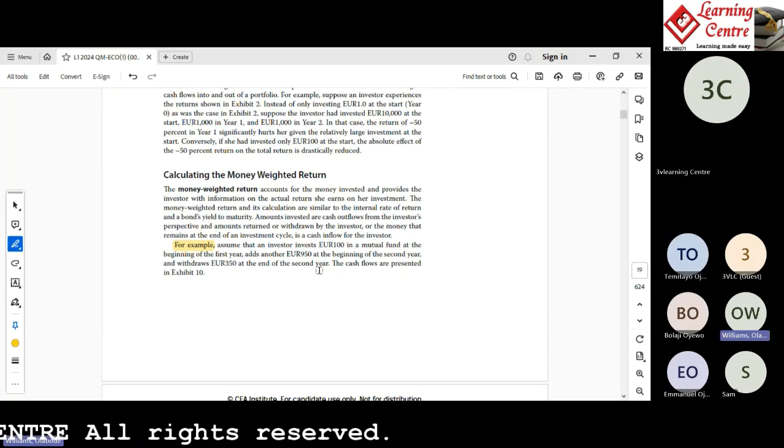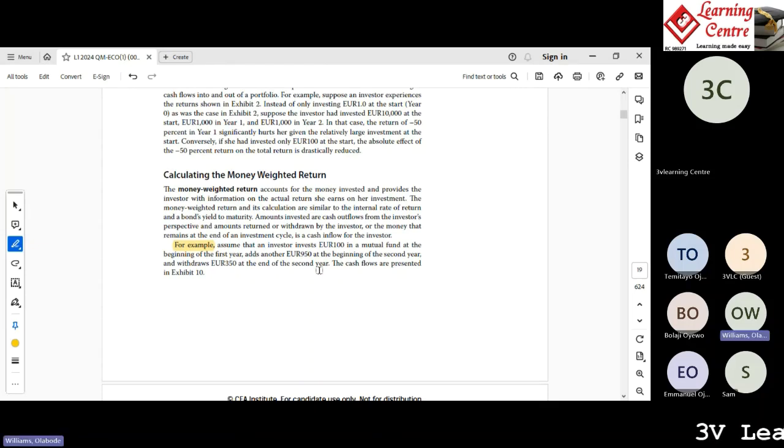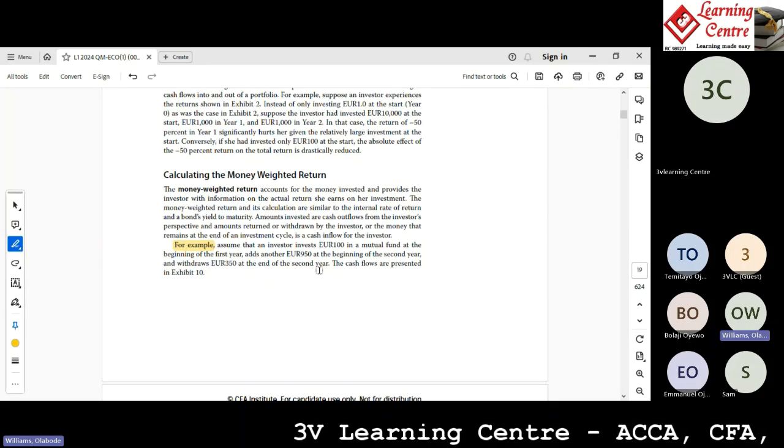That way, you're able to set up your cash flows correctly. The second thing you need to be able to do is period. When is the first year? When is the second year? When is the third year? Now, the rule is that any investment you make at the beginning of a period is seen as being made at the end of the previous period.